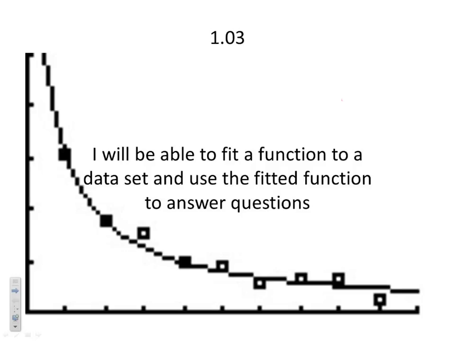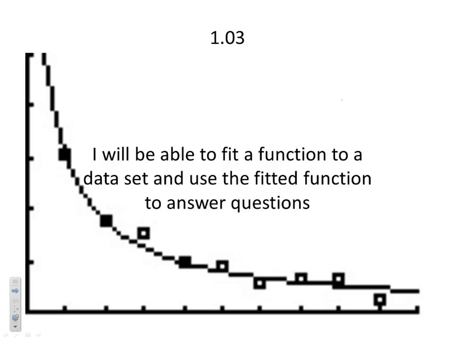But since we don't have calculators at home, we're going to focus today on distinguishing from our data set what type of function it can be. We can actually look at a set of numbers and get a feel for whether or not that set of numbers represents a line, quadratic, or an exponential function.